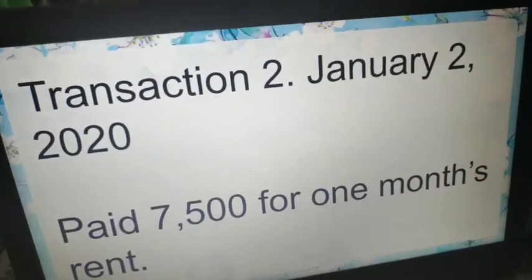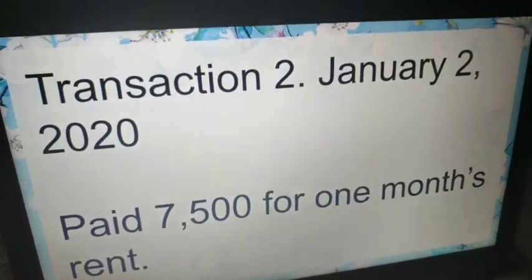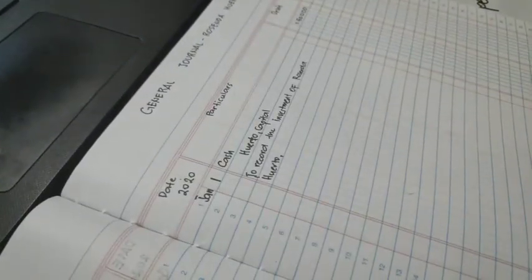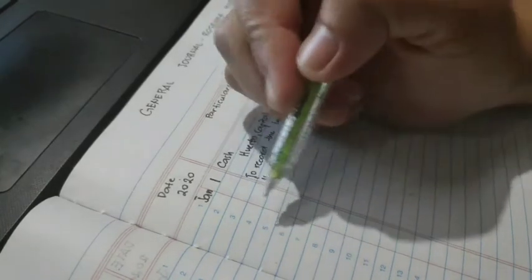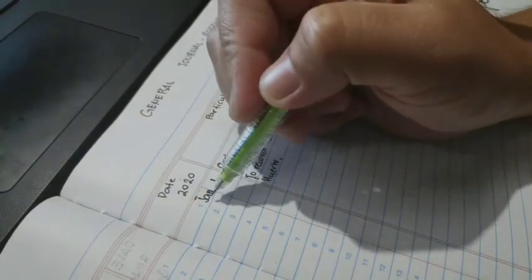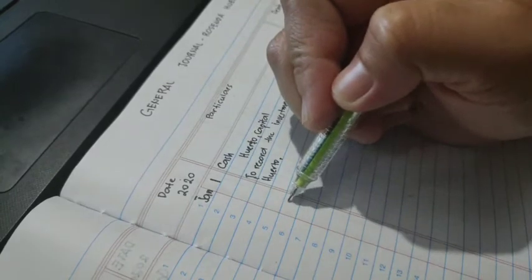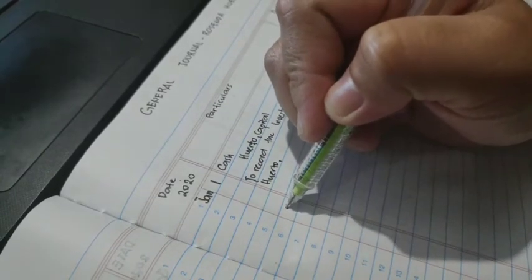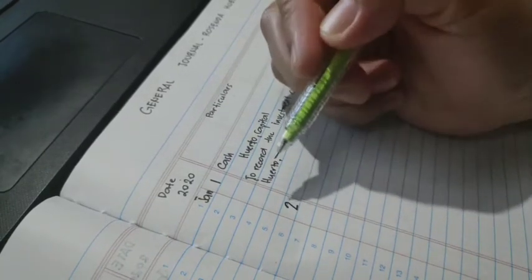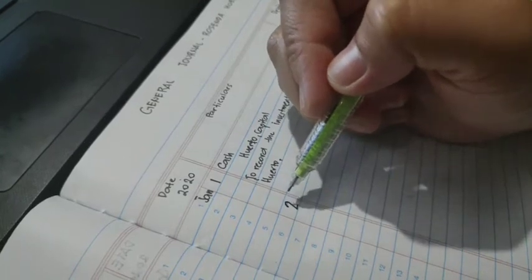As you notice, the date is January 2, 2020, so you do not need to rewrite the year and the month. What you only need to write is the day, which is January 2.